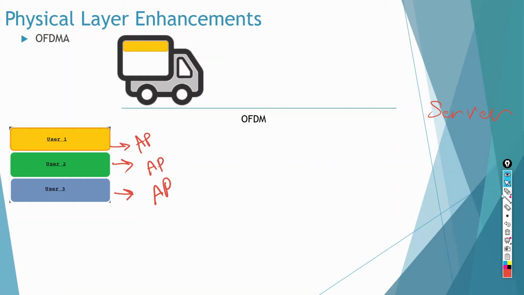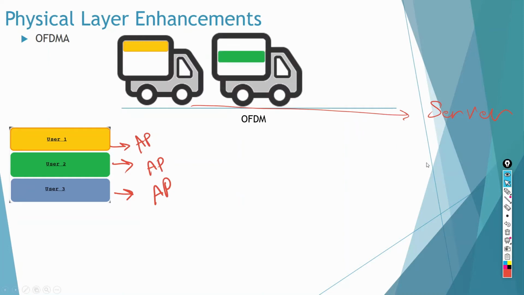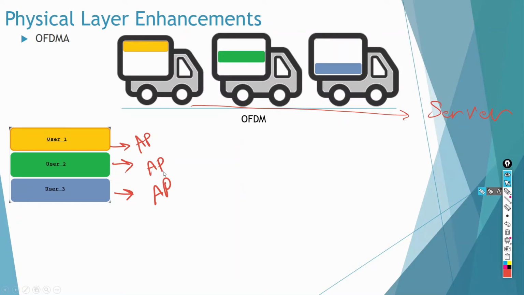So user 1 will use the available spectrum to transmit the data all the way to the server. After that, user 2 will use the available spectrum to send that to the server, and then after that, user 3 would do the same. So the transfer is done in a sequential manner.